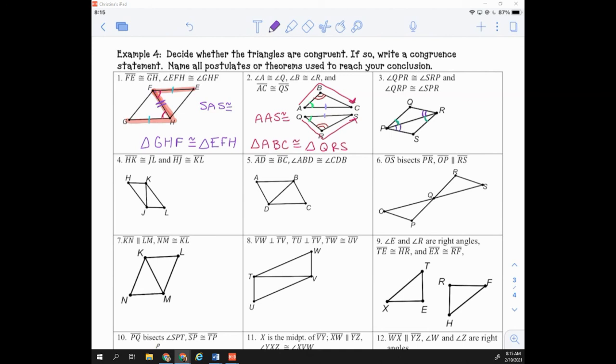So we have 2 pairs of congruent angles. Now, angles alone are not enough. But remember that reflexive property, that's something that's just our responsibility to always remember, that something has to be congruent to itself.